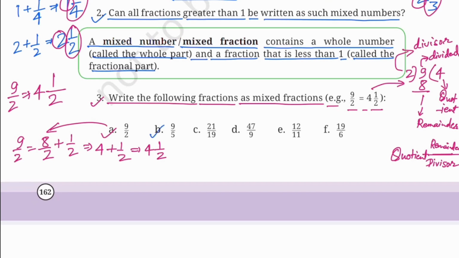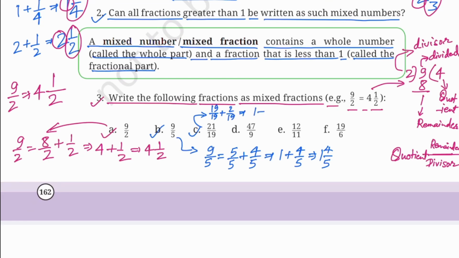B. 9 upon 5. 9 upon 5 can be split into 5 upon 5 plus 4 upon 5, 1 plus 4 upon 5 or 1 whole 4 upon 5. C. 21 upon 19. It can be split into 19 upon 19 plus 2 upon 19 or 1 plus 2 upon 19 or 1 whole 2 upon 19.